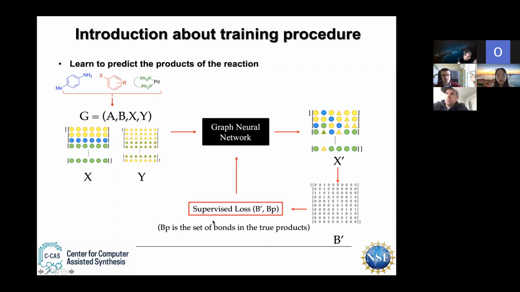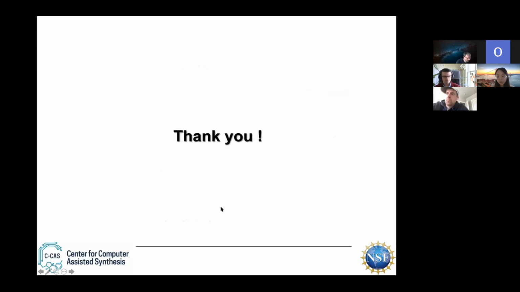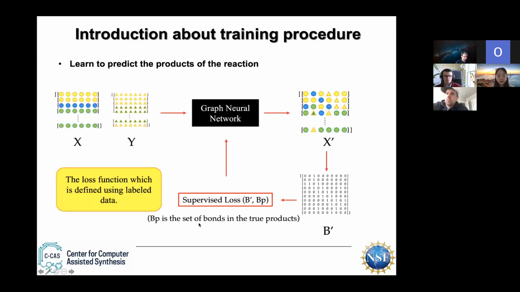And then we will define another loss function, which is the supervised loss function. The supervised loss is the loss function which is defined using labeled data. Here, the labeled data is the set of bonds in the true products. We will use this supervised loss to calculate the difference between the bonds in our predicted products B prime and the set of bonds in the true products, BP.